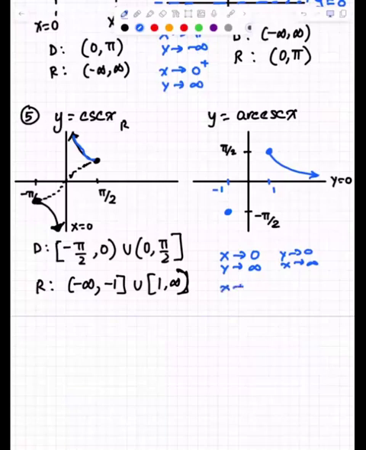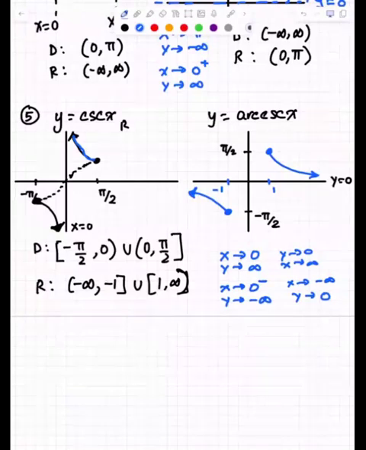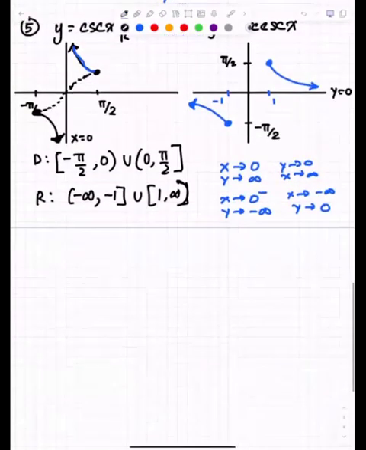As x is going towards 0 from the negative side, y is headed to negative infinity. So as x is headed towards negative infinity, y is headed towards 0. And this will be nicely the graph of arc cosecant. Cool stuff, right?